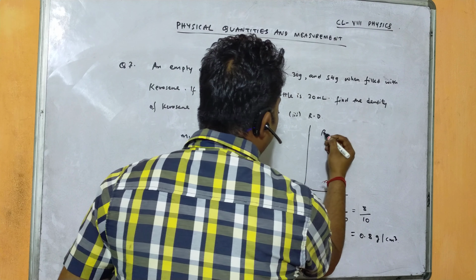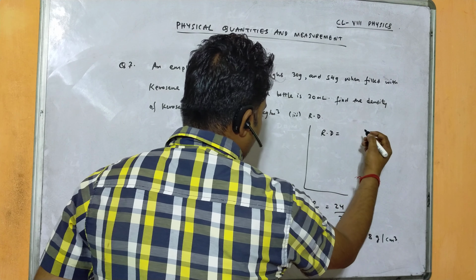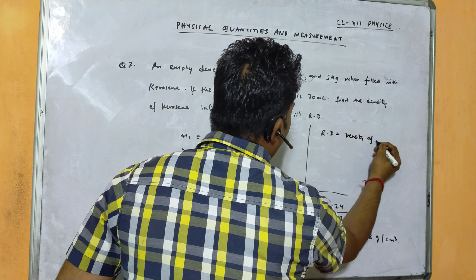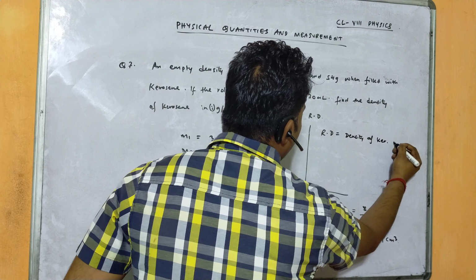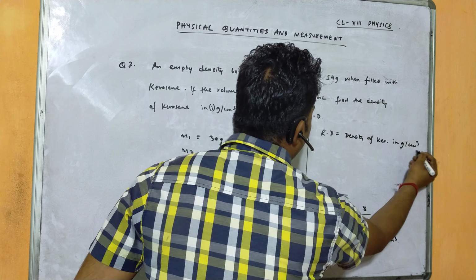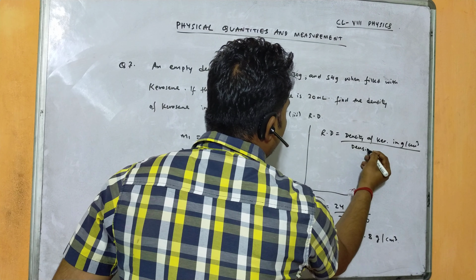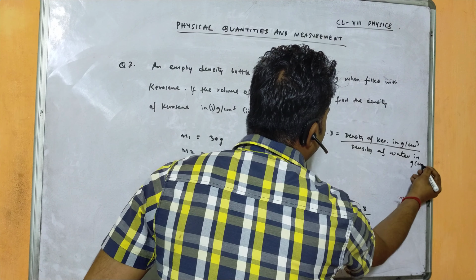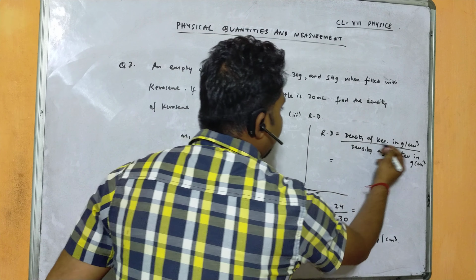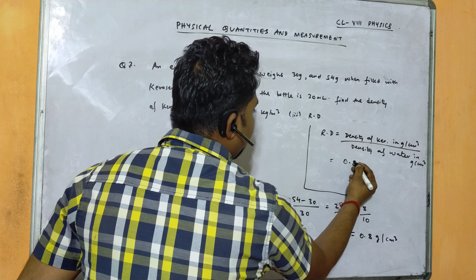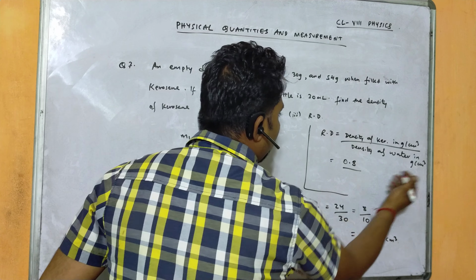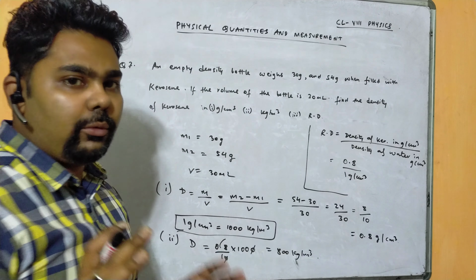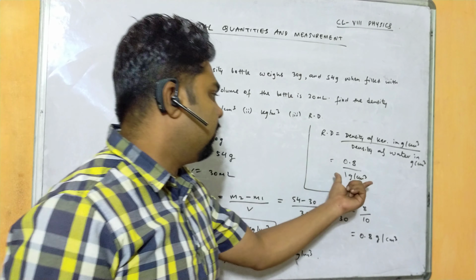So the relative density formula is density of kerosene in gram per centimeter cube by density of water in gram per centimeter cube, right? The density of kerosene in gram per centimeter cube is 0.8, and the density of water in CGS unit is 1 gram per centimeter cube.